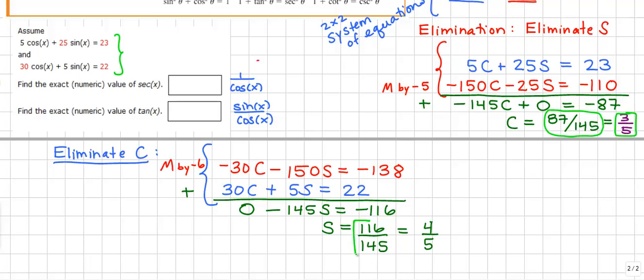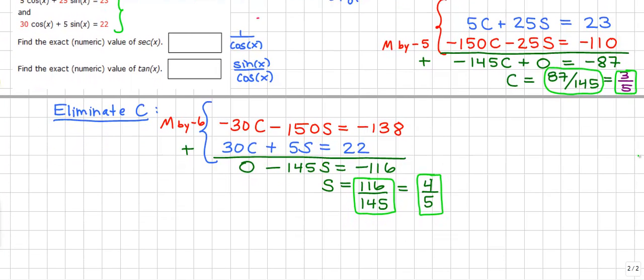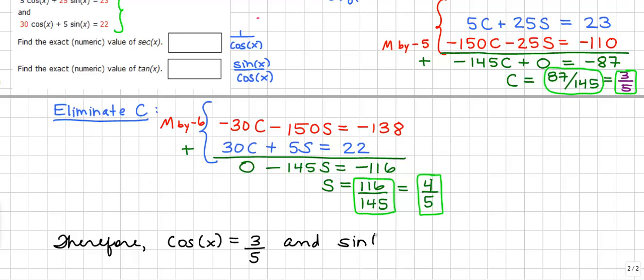But again, this is sufficient, or you can use this one. Now, since I went to the trouble to reduce, I'll use those. But again, let's go back. We're saying that the value of cosine of x is 3/5, and the value of sine of x is 4/5. Okay, and we're going to use those to get our answers.